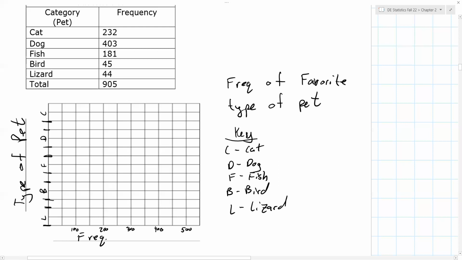All right, then we go ahead and fill in what our frequencies should be. So cats between 200 and 250. So that's our cat. Dogs go out to just past 400.